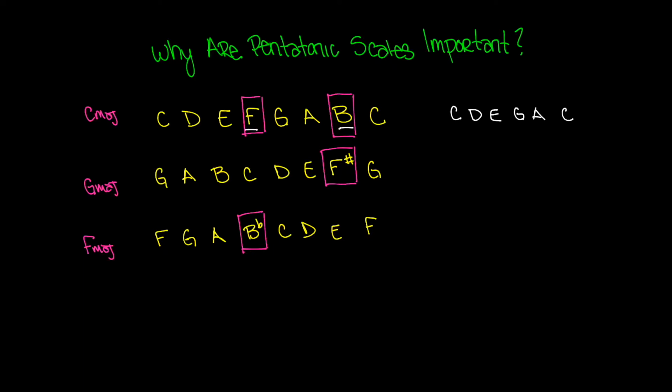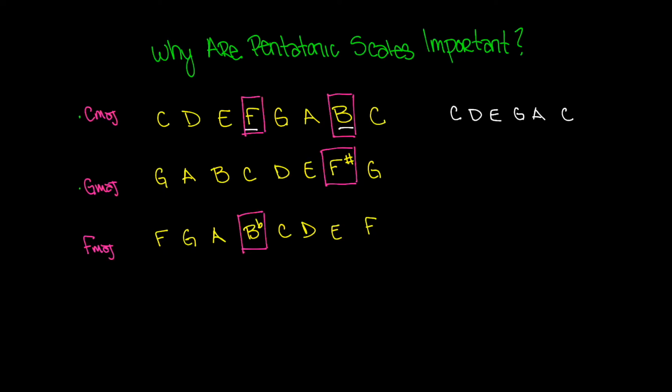The F is the determining factor of whether something is from C major or from G major. In other words, what's the only difference between C major and G major? That would be the F or the F sharp. If I don't have an F or an F sharp, I have no way of determining whether it's from C major or from G major.